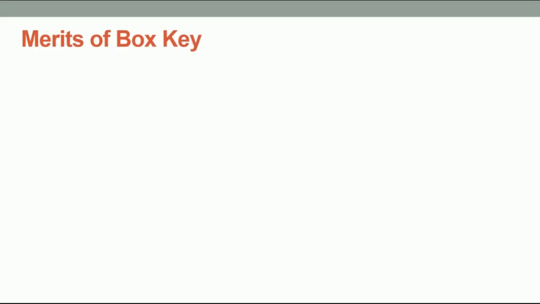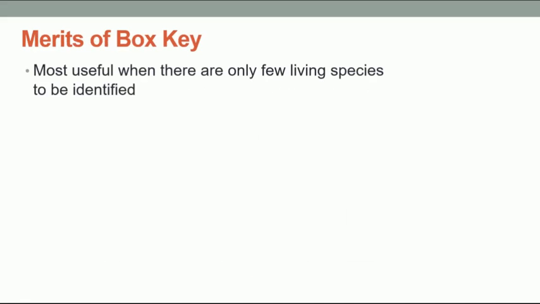So now what are the merits of this box key? The merits are quite similar to the circular key, that it is most useful when there are few species to be identified. It is very easy to use, even a non-specialist can use it very easily, and he can identify the unknown specimens.